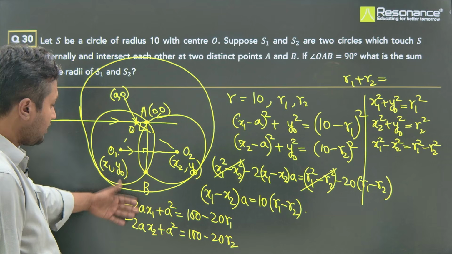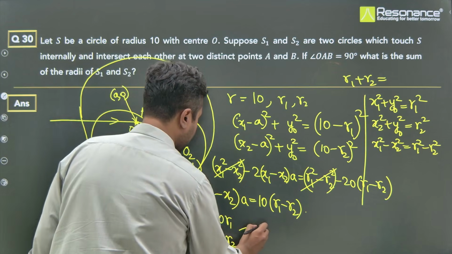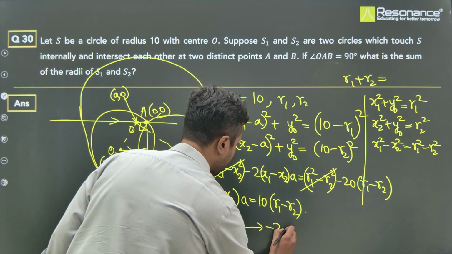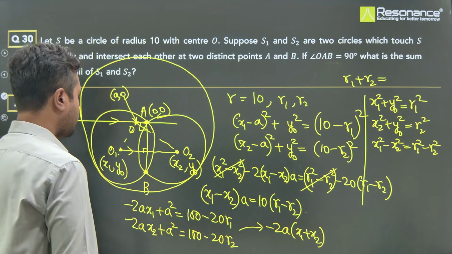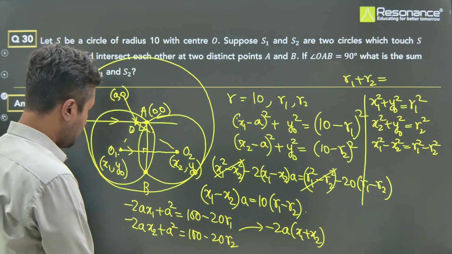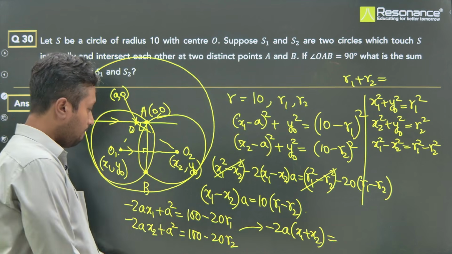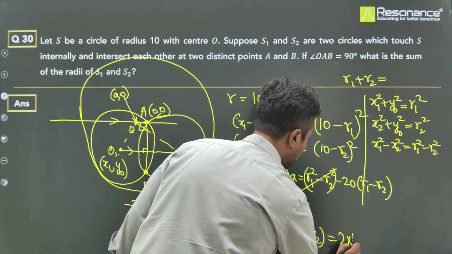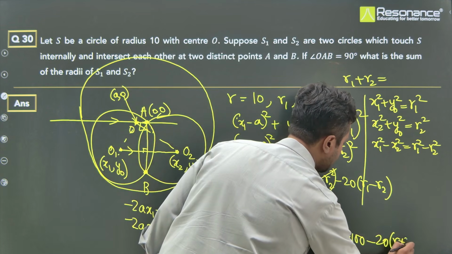If we subtract these two equations, this is what we got. Now, if you add these two equations, what do we get? So we have 2 minus 2a into x1 plus x2 is equal to 2 into 100 minus 20 times R1 plus R2.